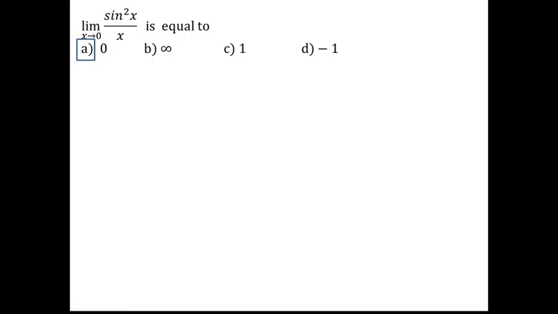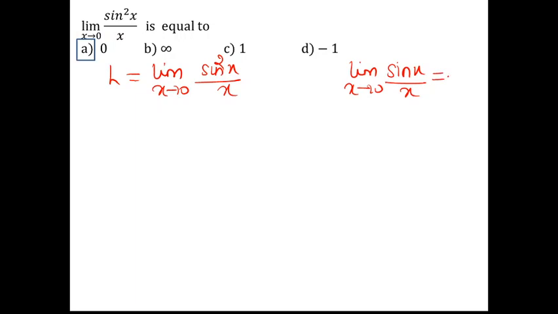Now this is again a question on L'Hospital's rule, I guess. So let's denote it by L, that is limit as x tends to 0 of sine square x upon x. Let's apply here the one standard formula of limit, that is limit as x tends to 0 of sine x by x is equal to 1. Here as we have sine square x, I want x square in the denominator. So let's adjust that. So it is sine square x upon x square, and x is extra, so I have to multiply by x.